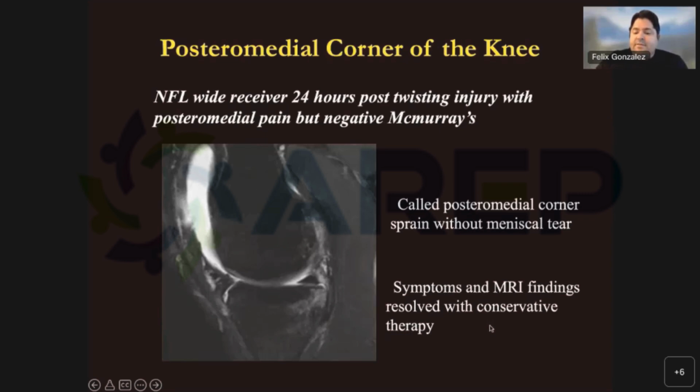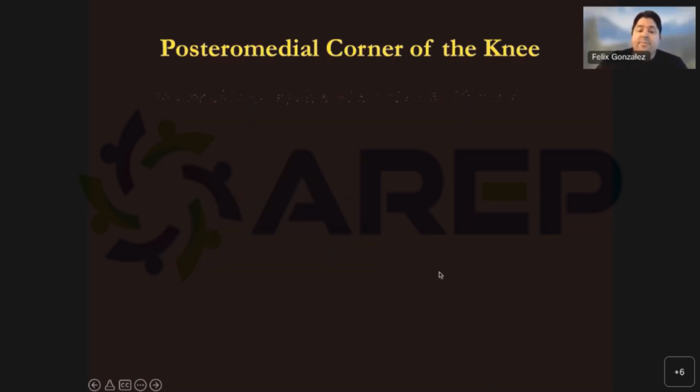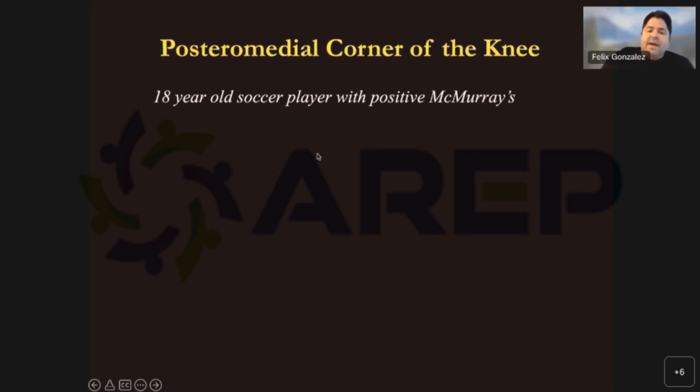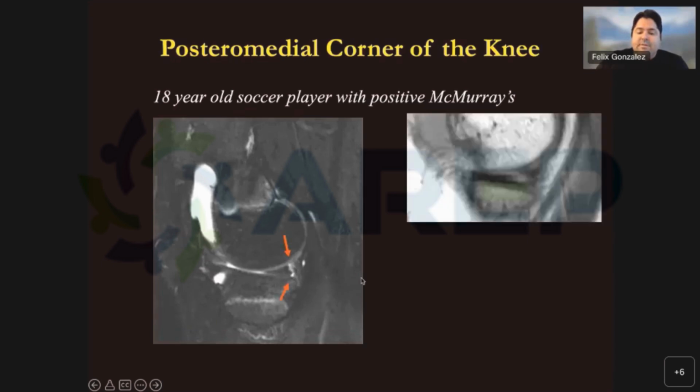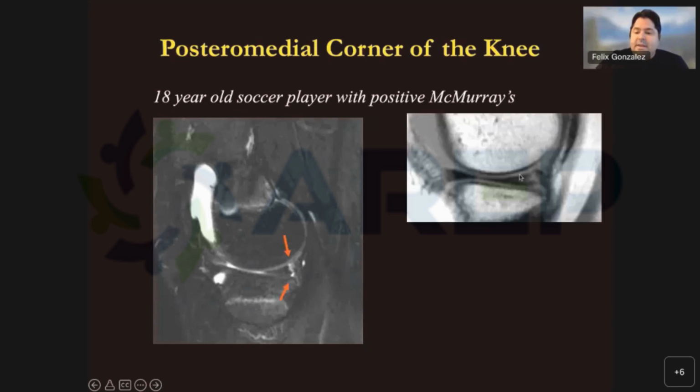Symptoms and MRI findings usually resolved with conservative treatment. This is an 18-year-old soccer player with a positive McMurray's sign. So what do we have here? We have the obvious tear posteriorly separating the capsule from the posterior aspect of the meniscus. And then here, the superficial, red zone of the meniscus is violated and torn.